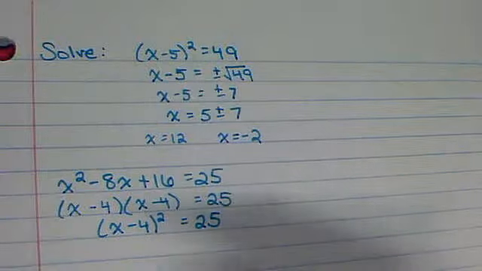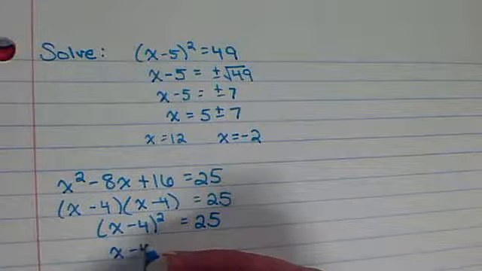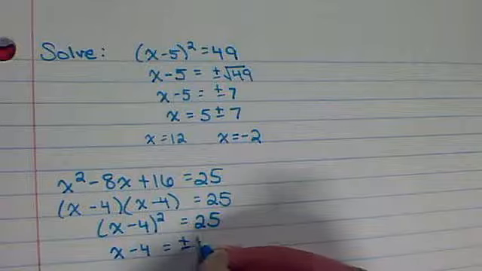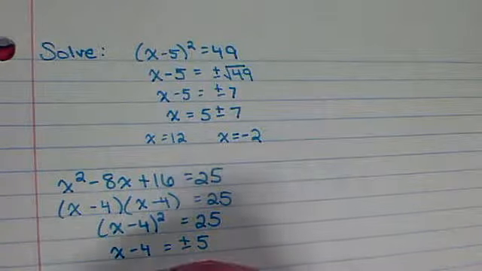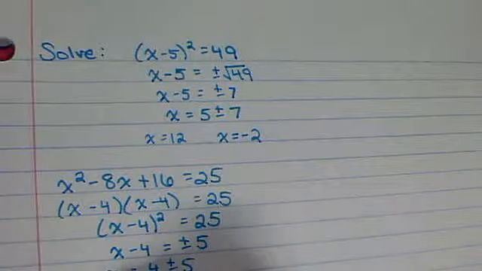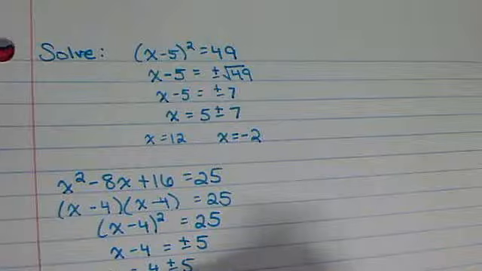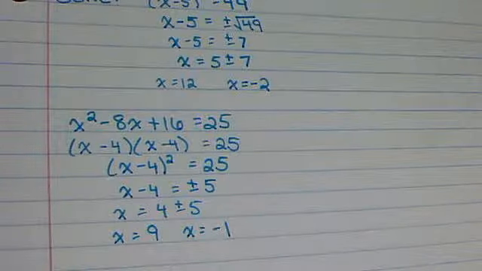Now we have a problem just like we had up there. Take the square root of both sides, and I get x minus 4 equals plus or minus 5. Square root of 25 is plus or minus 5. So I'll get x equals 4 plus or minus 5. That's x equals 9, or x equals negative 1. So we end up with these two options.